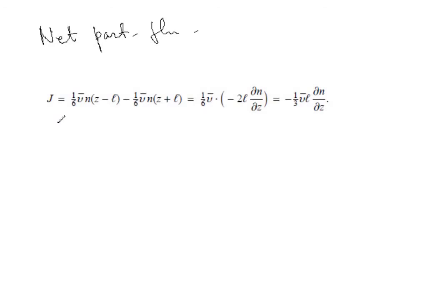So you see, there will be a net particle flux across the surface, and that is basically given by this term. Let me show this to you here. This is the difference between the two of them.